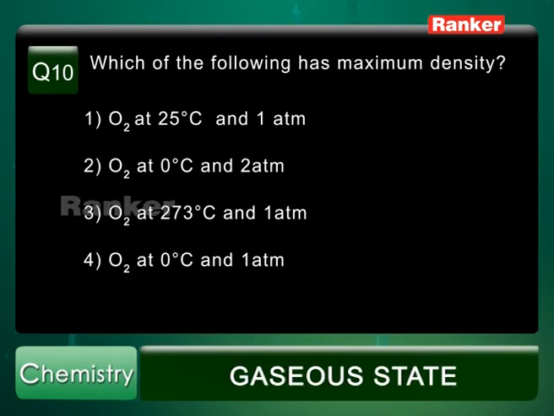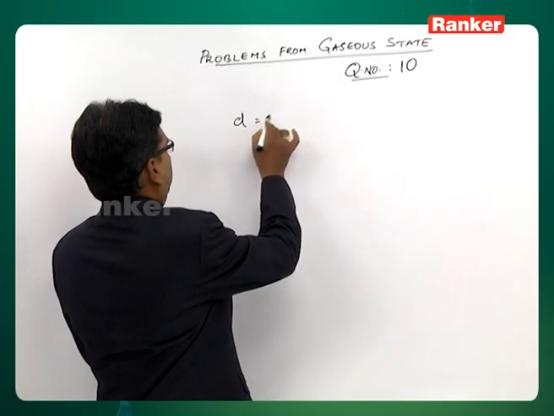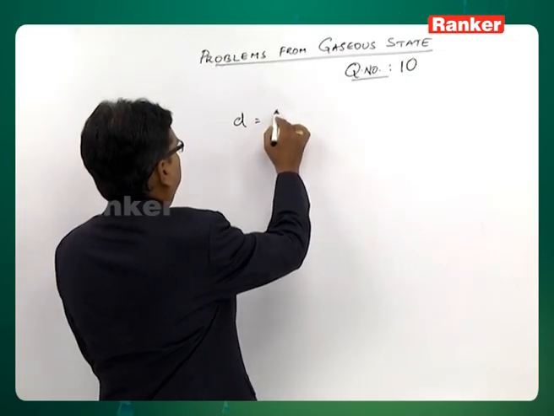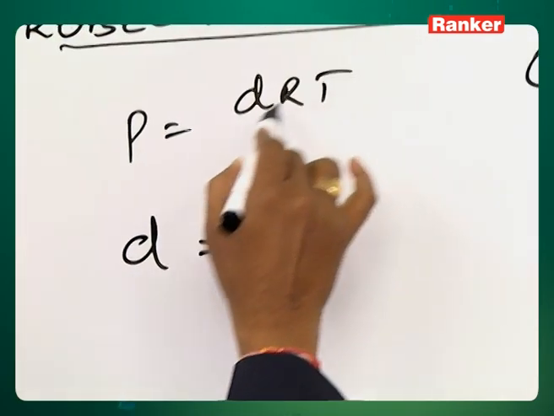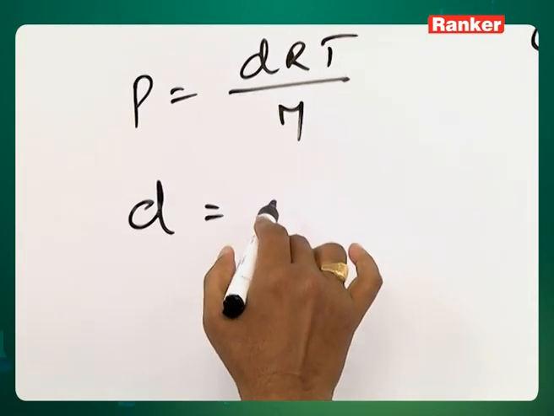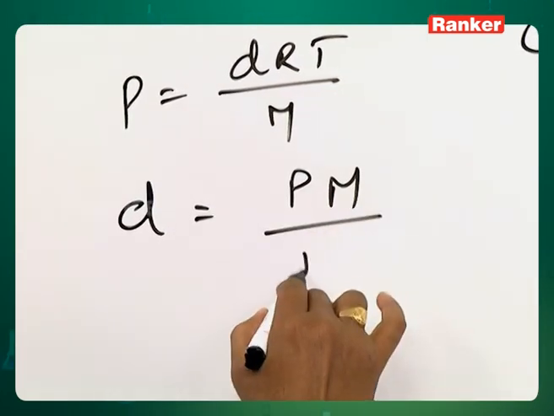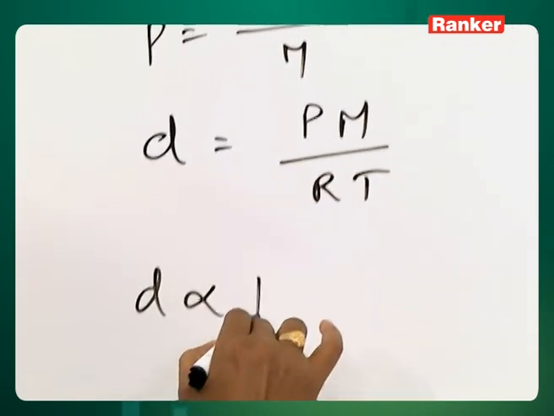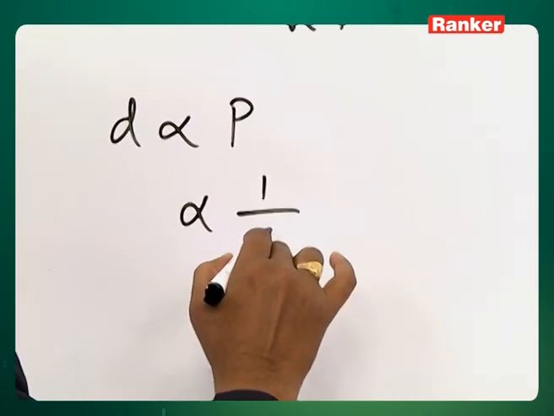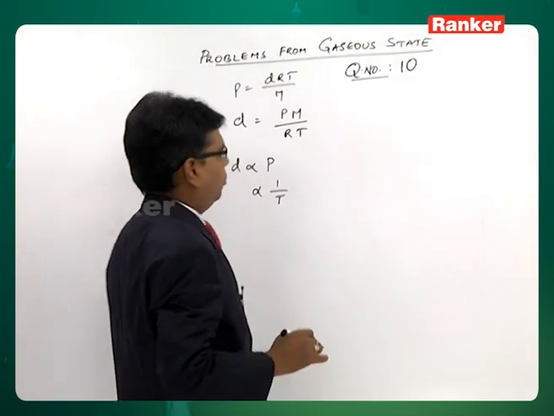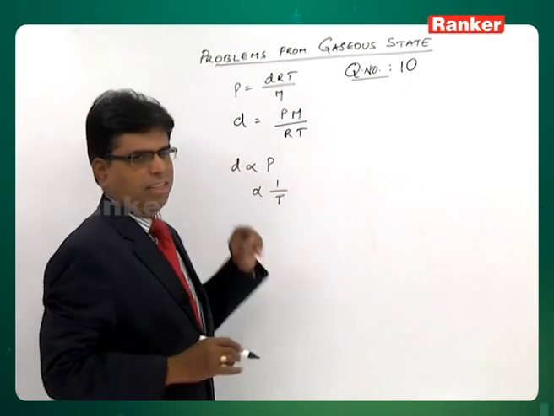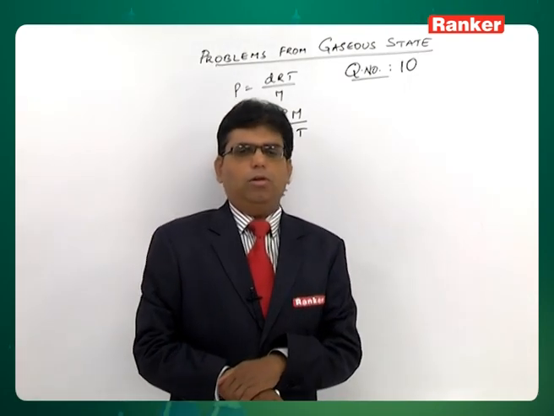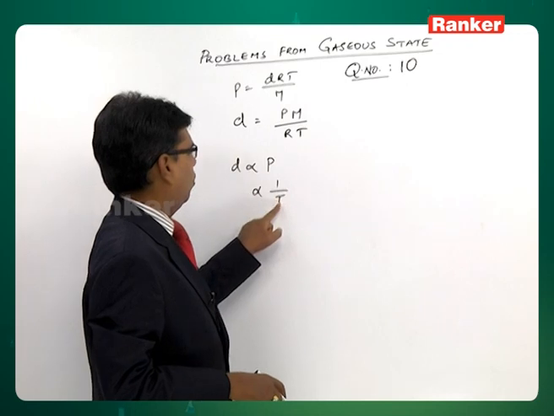The question is, which of the following has maximum density? Density, as we have written the formula, P is equal to dRT by M, or density is equal to PM by RT, or d is proportional to P and inversely proportional to T. So, high pressure and low temperature give high density.